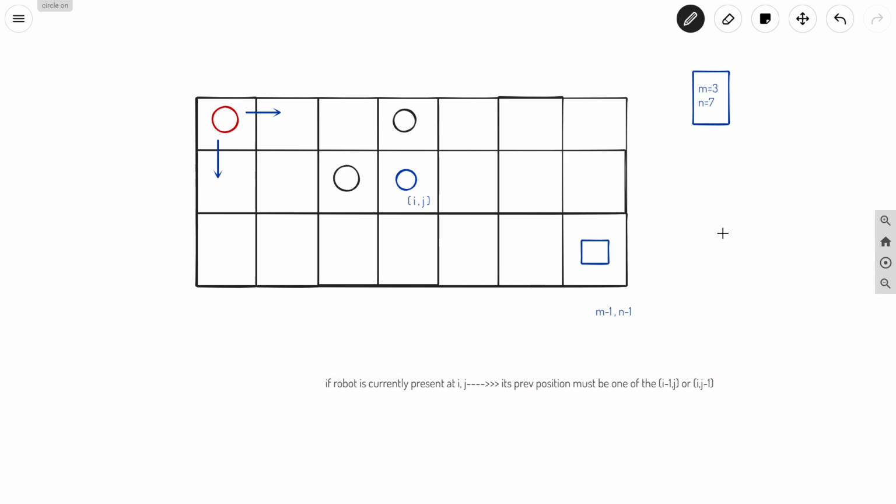So what we will do is find the total number of possible ways to come to the position I minus 1 comma j, and the total number of possible paths such that the robot can reach I comma j minus 1.